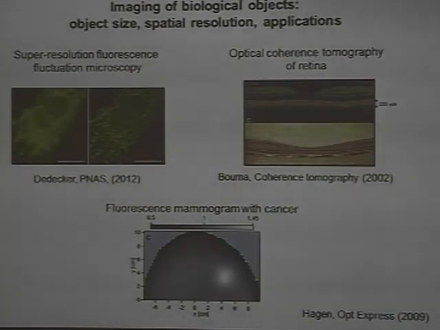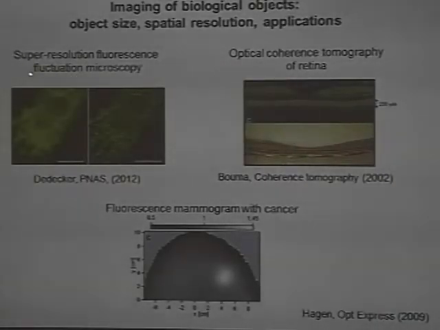By taking a wide field microscope and looking at the fluctuation statistics of fluorescence, you detect single molecules, and in this way you get a much better resolution compared to normal fluorescence microscopy. So the resolution is down below the diffraction limit, 120 nanometers, and this bar is 10 micrometers.